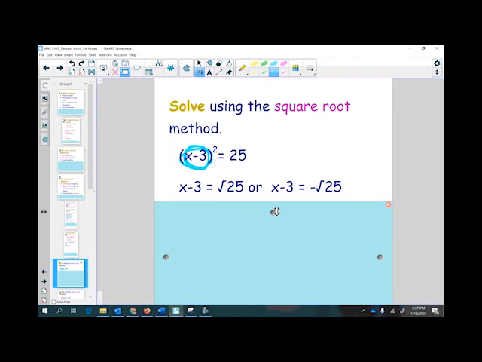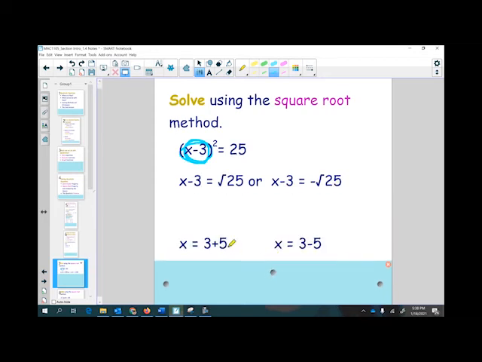So what we do is we take the inside part. Basically, you're taking the square root of both sides. That cancels out the square here, and you're left with x minus 3 is equal to the positive square root of 25, or x minus 3 is equal to negative the square root of 25. And then you have to continue solving from there.